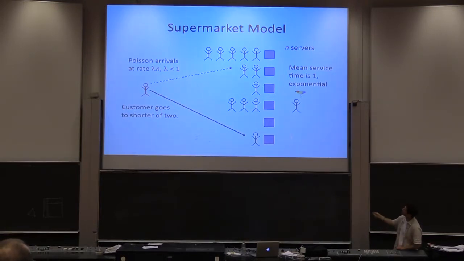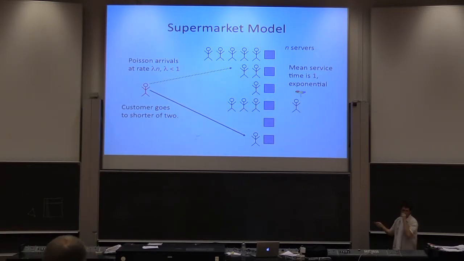And I have n servers here, and the mean service time is 1, also exponentially distributed. So as long as lambda is less than 1, I should have enough servers to handle the load, modulo the fact that I have to figure out how to distribute them as evenly as possible. You could have each customer going to a random queue. What happens if each customer comes in, chooses, say, 2 random queues and goes to the shortest?